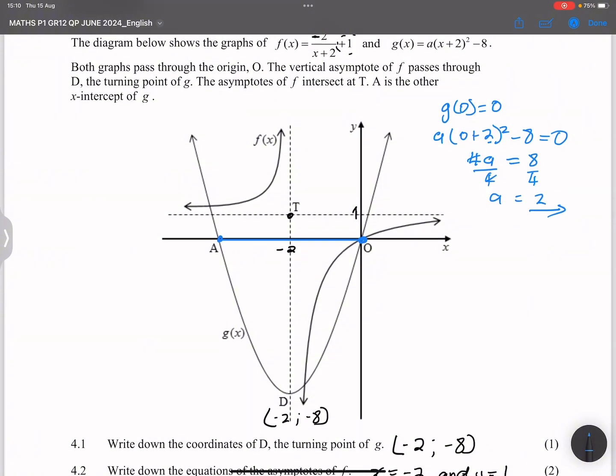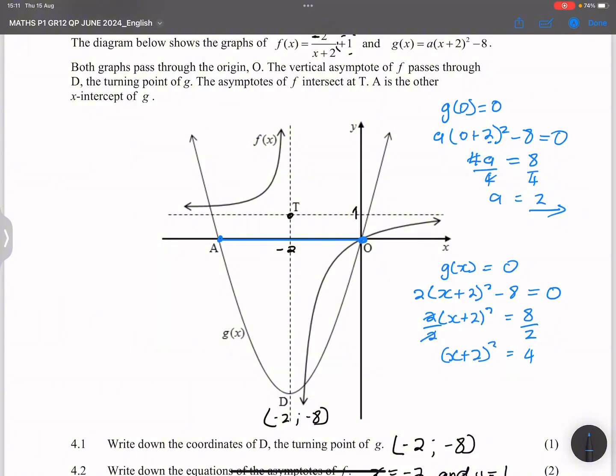So that means this is where g of x is equal to 0. So remember that a is 2, so 2 into x plus 2 squared minus 8 is equal to 0. So that's 2 into x plus 2 squared is equal to 8. And if I divide both sides by 2, I get x plus 2 squared is equal to 4.